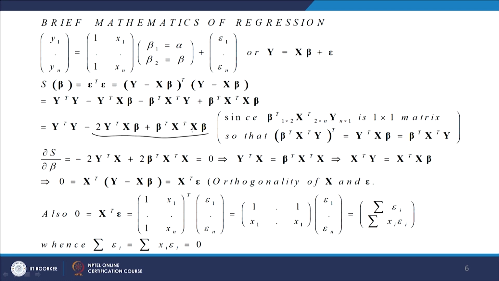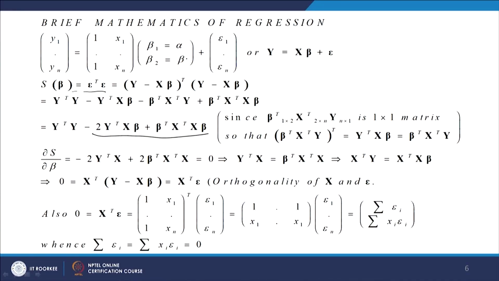Differentiating this, and this is nothing but this. Differentiating this with respect to these two terms, beta 1 and beta 2, which is nothing but alpha and beta in our case. Differentiating S, that is the square of the error terms, square of the deviations, with respect to alpha and beta, we get this equation, which is called the normal equation.